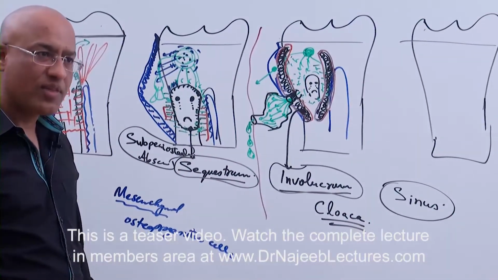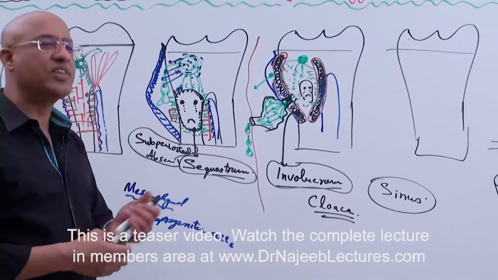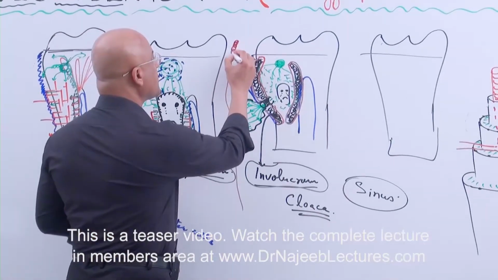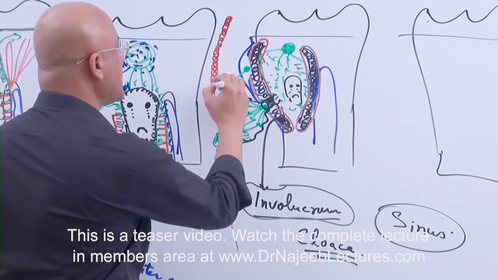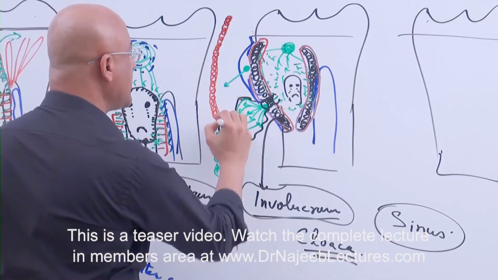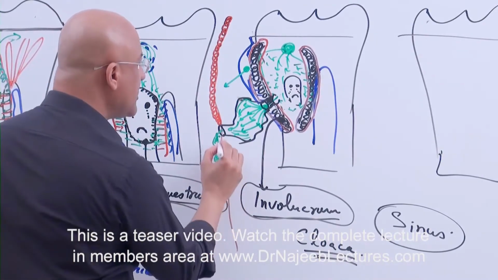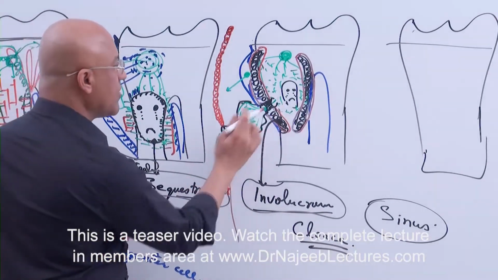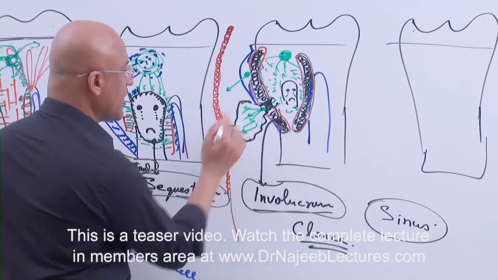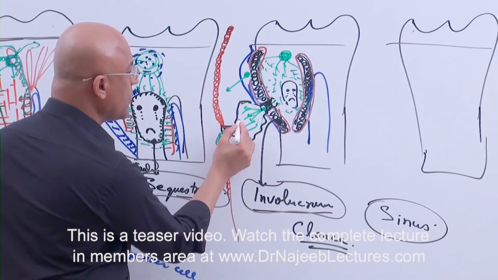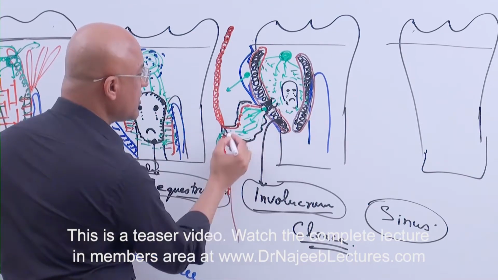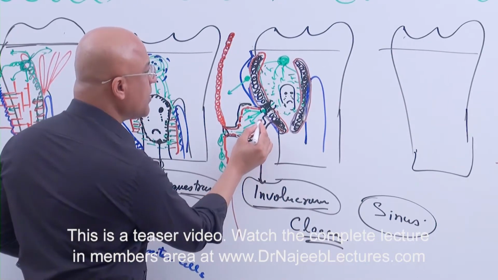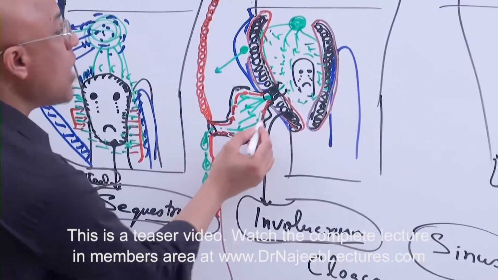Is that right? And once the sinus formation occurs, as time passes by, the skin epithelium, there is squamous cell epithelium on the skin, the epidermis, am I right or not? This epithelium starts growing inward. It starts growing into the sinus. From outside, it starts growing inward. And we say the sinus is lined by squamous epithelium.